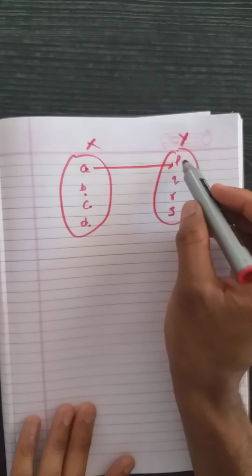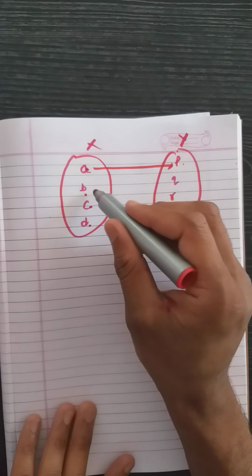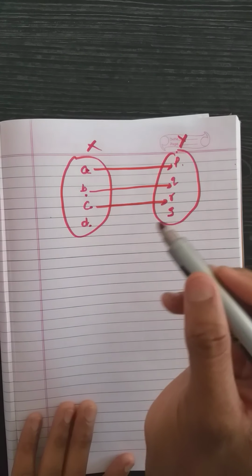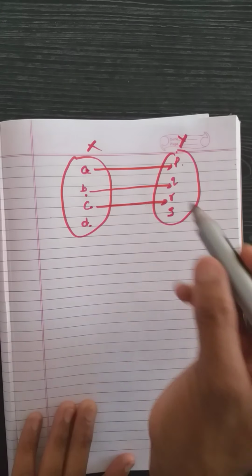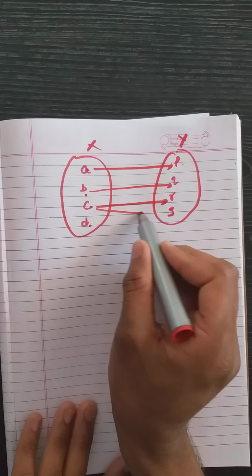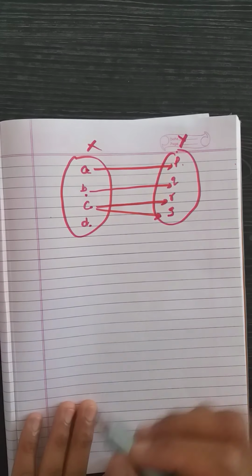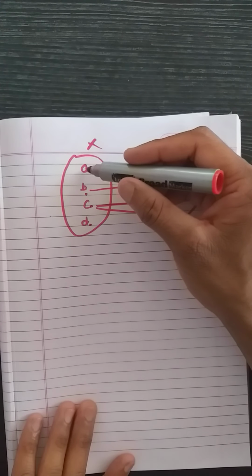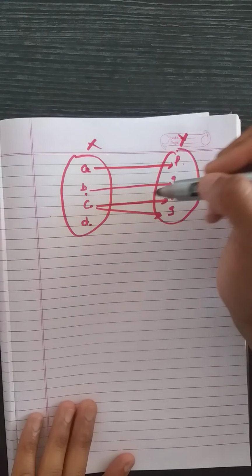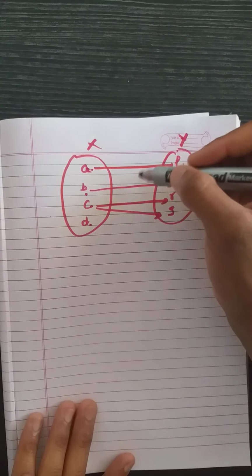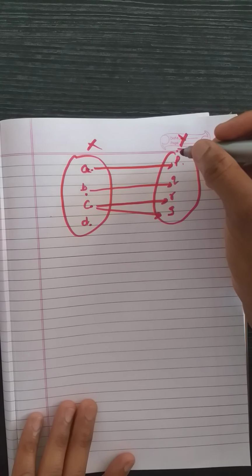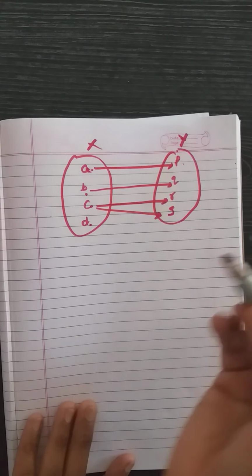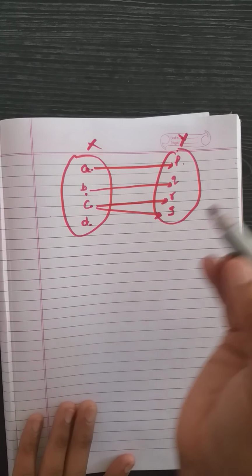Writing it out, the image of a is p, the image of b is q, the image of c is r, and the image of c is also s. Since each element in Y is the image of at least one element of X, this is an onto function because the whole codomain is the range.